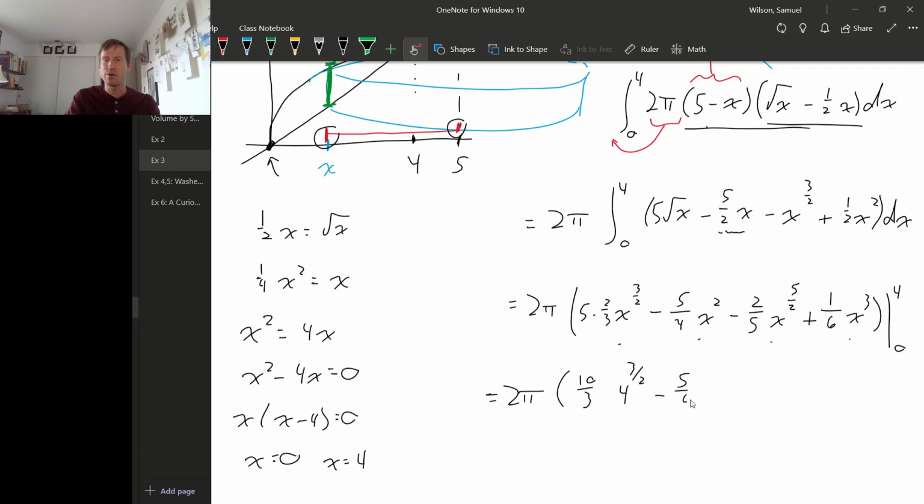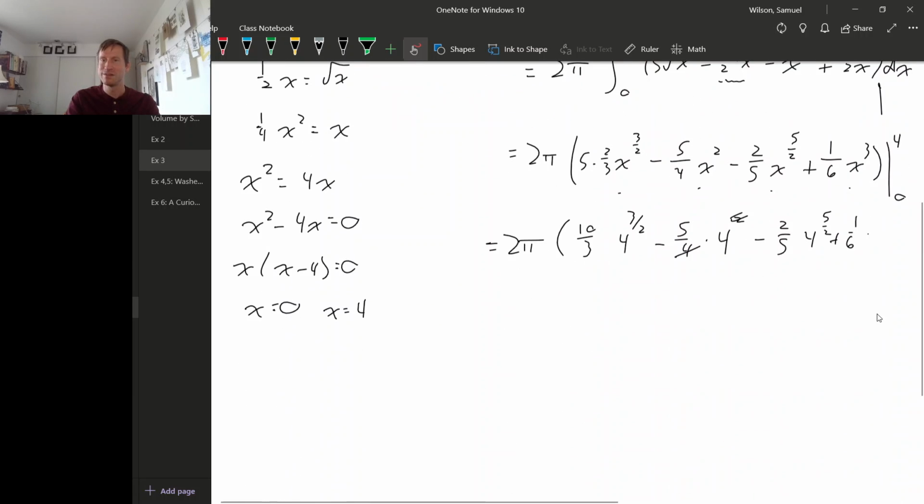Minus 5/4 times 4 squared. I'll leave it as 4 squared because then we can just cancel like that. Minus 2/5 times 4 to the 5 halves plus 1/6 times 4 cubed.